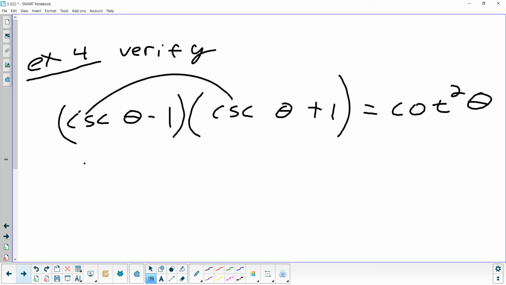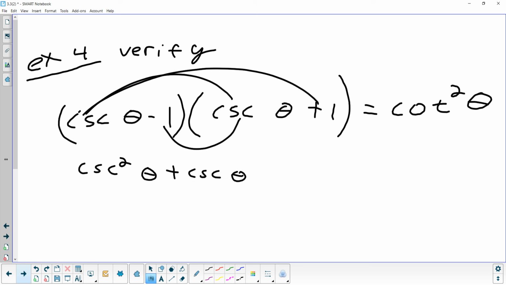Cosecant squared. All right. Now, normally I don't write this part down, but we can just write it. What's cosecant times 1? How about James? Cosecant times 1. Cosecant. What's cosecant times negative 1?